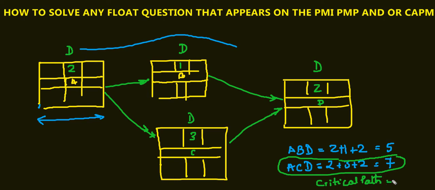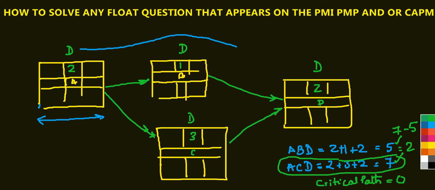And the rule of thumb: critical path always has float 0. Here float is 2. How is float 2? 7 minus 5. This is 7, this is 5, 2. Now I'm going to prove how it's always 2. This is how you're going to calculate every question and get all questions correct.